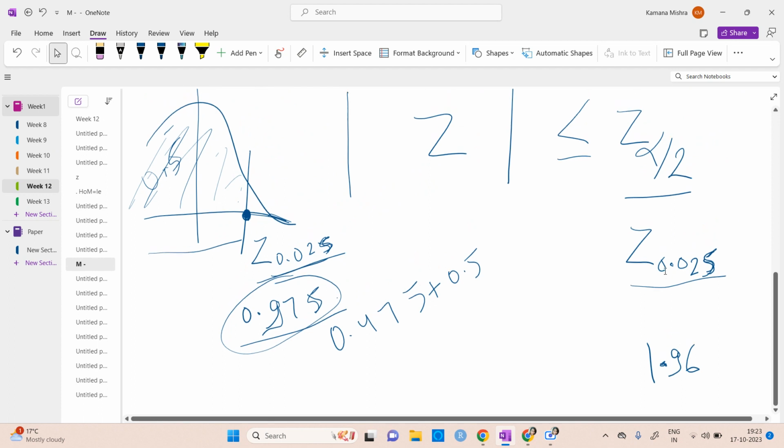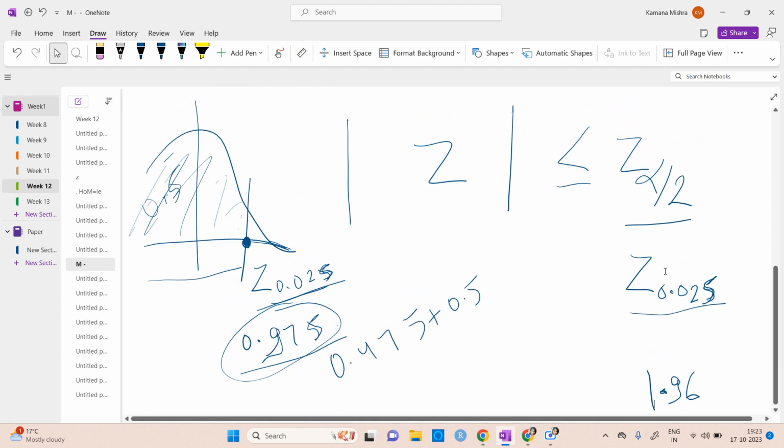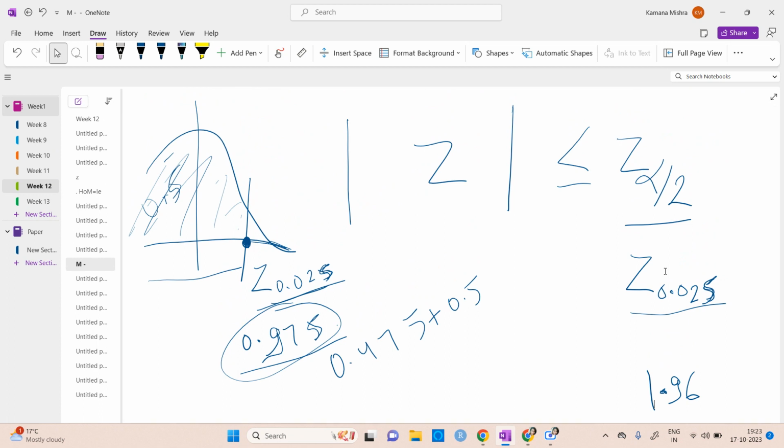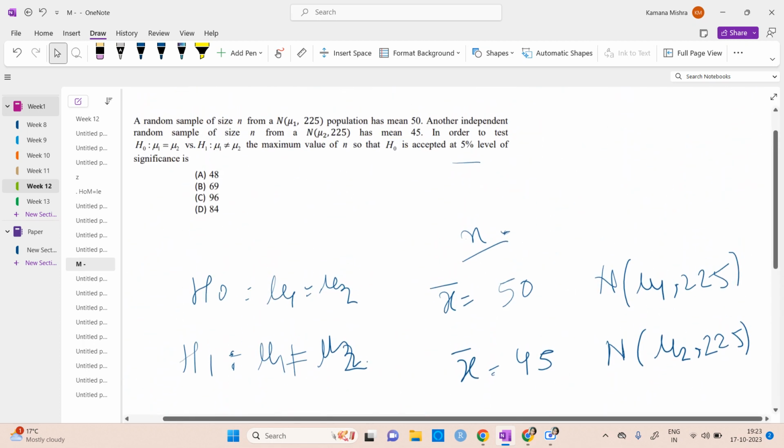This is how we find z alpha by 2. If you have any issue, I can repeat. Otherwise, we will move forward. Okay, so it is 1.96.